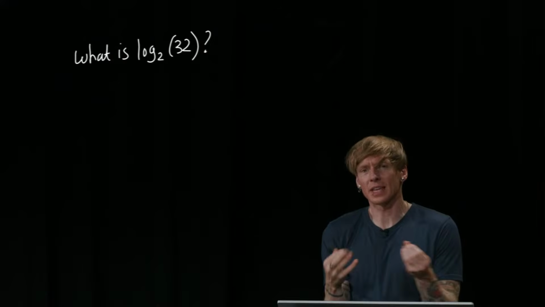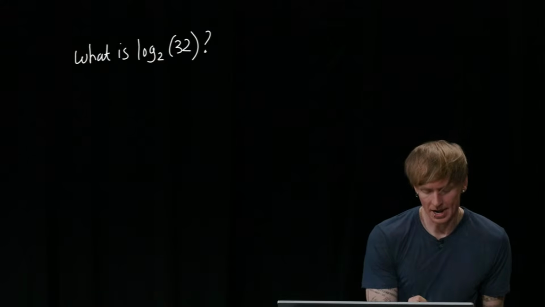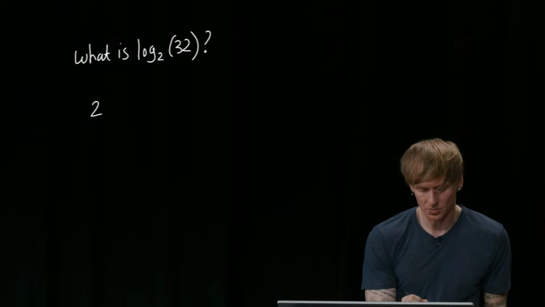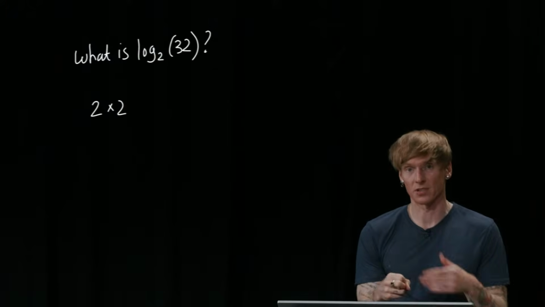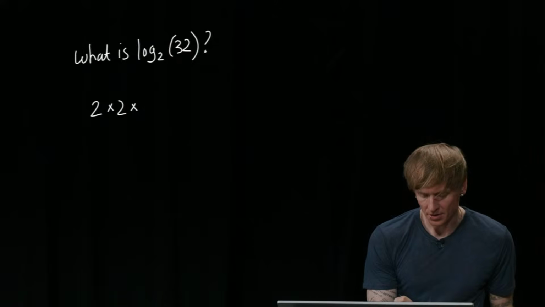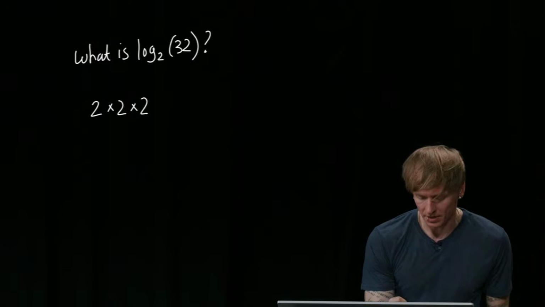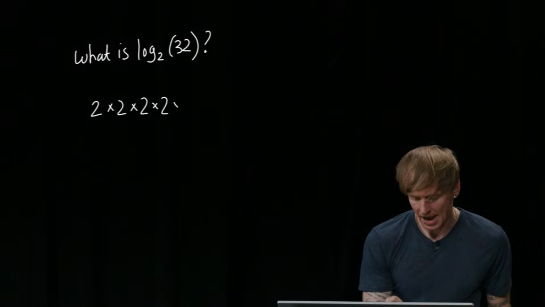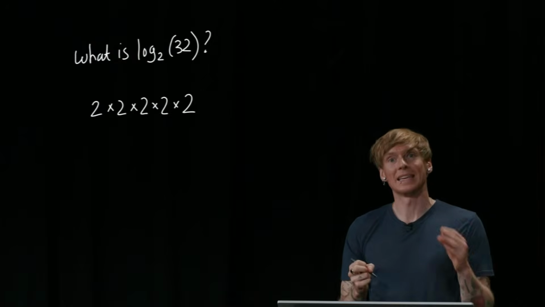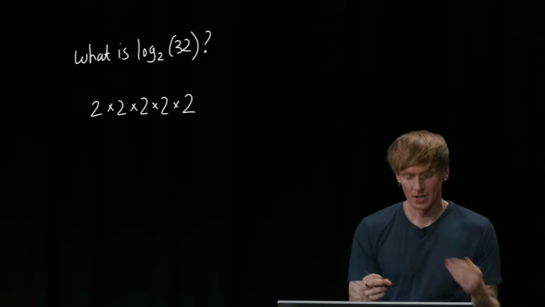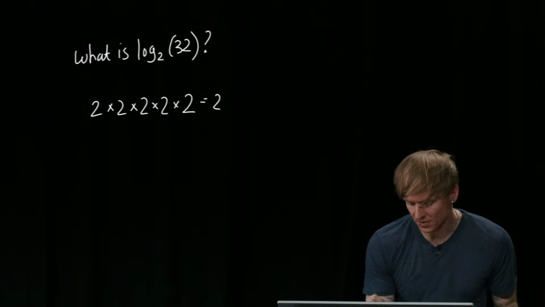So we can think this through. If we have 2 by itself, that doesn't work. Then 2 times 2 would give us 4. We bring in a third 2, that gives us 8. We bring in a fourth 2, that's going to give us 16. And then that fifth 2 gives us 32. So this is 2 to the 5.